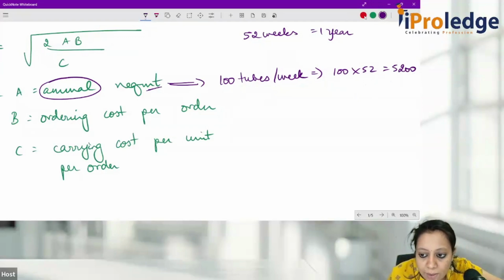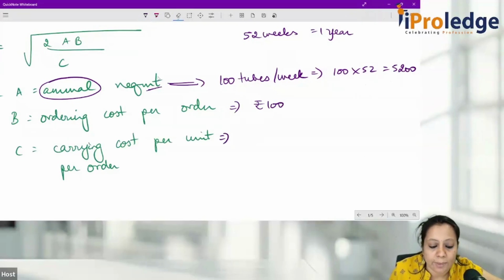Okay. So now we will proceed to ordering cost per order. It is given in the second line of the question, it is rupees 100. Carrying cost per unit per, see, 1 minute. Actually, what I meant was carrying cost per unit per annum.